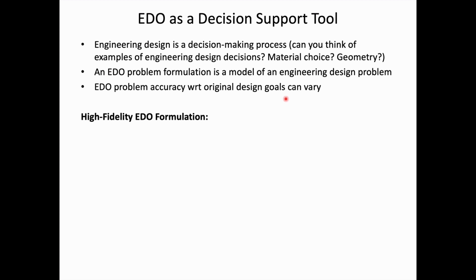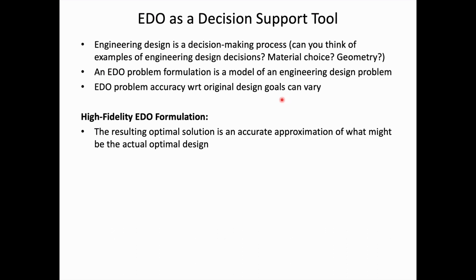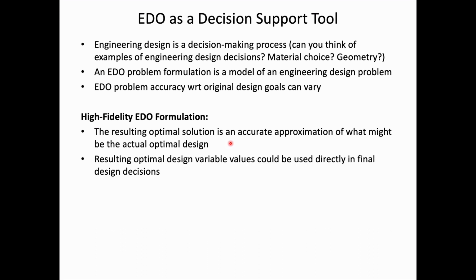If I say an engineering design optimization problem formulation is high fidelity, then that means it does a really good job modeling or describing the actual engineering design problem. The resulting optimal solution of a high fidelity formulation is going to be an accurate approximation of what might be the actual optimal design in reality.